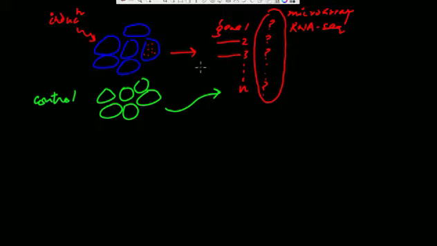So I have two sets of expression values. One is the treated one, and then I will have another one in parallel to this, which will be the control one, right? So for each gene I have two values, the control one and the treated one.